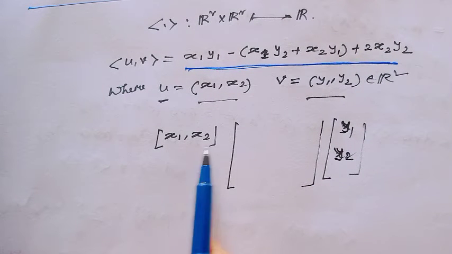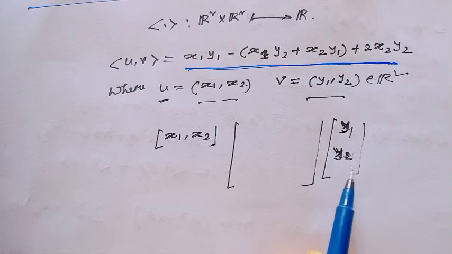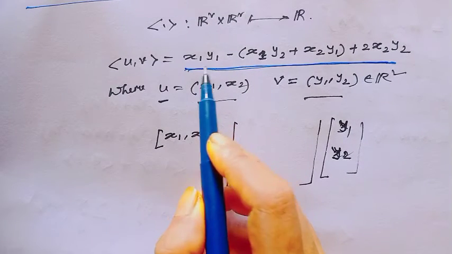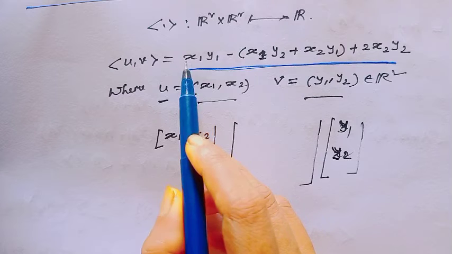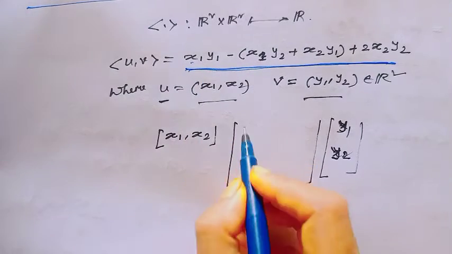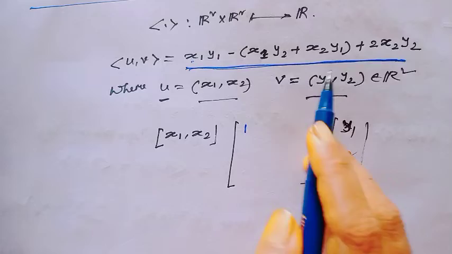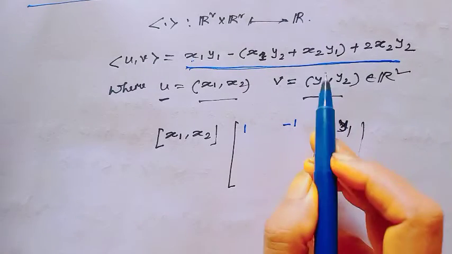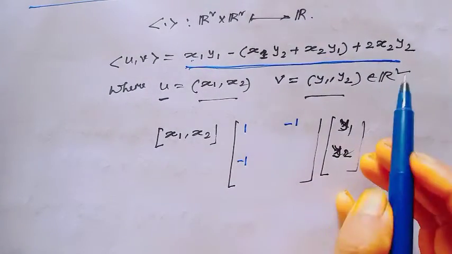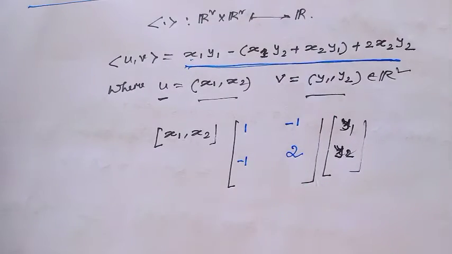Notice here the row vector x1 x2 and here y1 y2. Here the matrix is of such type. Just notice the coefficients. The coefficient of x1 y1 is 1, the coefficient of x1 y2 is minus 1, x2 y1 is minus 1, and x2 y2 is 2.